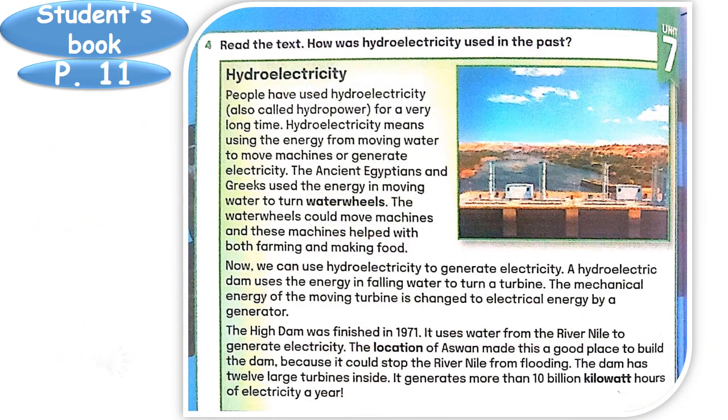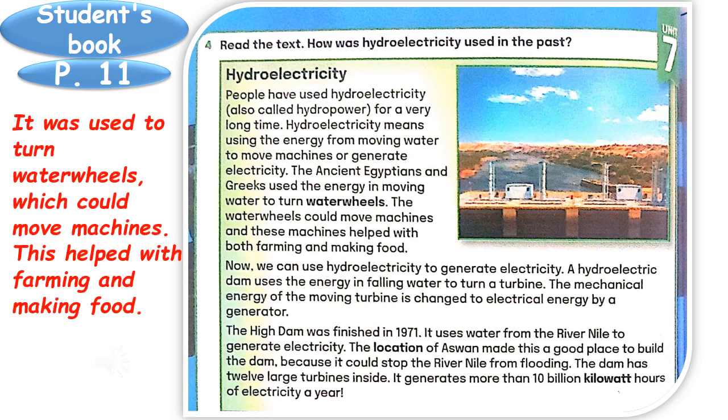Then open page 11 and read this text. It's about hydroelectricity. When you read it, you will know how was hydroelectricity used in the past. Actually, it was used to turn water wheels, which could move machines. This helped with farming and making food.